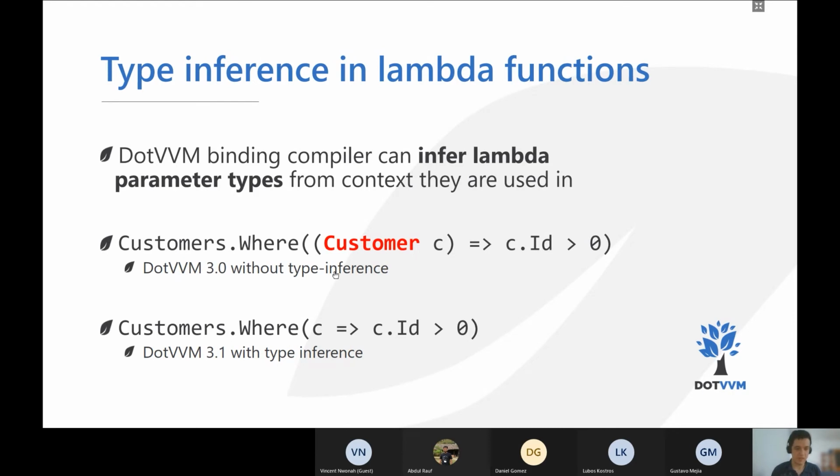So this is something that we added to DotVVM as well, so that you can write more concise and powerful expressions since DotVVM 3.1 than before. It's also nice as it's shorter and focuses on the most important part and lets the compiler add the missing parts that it can deduce on its own. So type inference is a really nice feature that we added in this release.